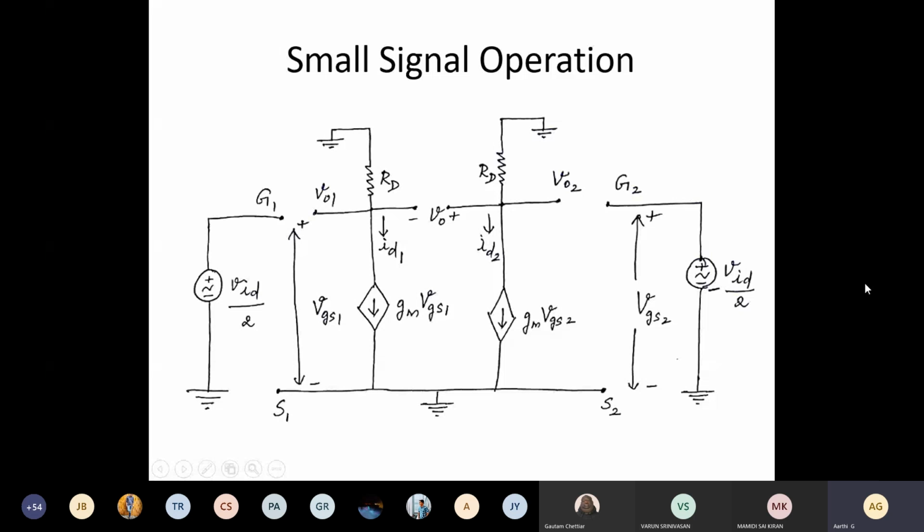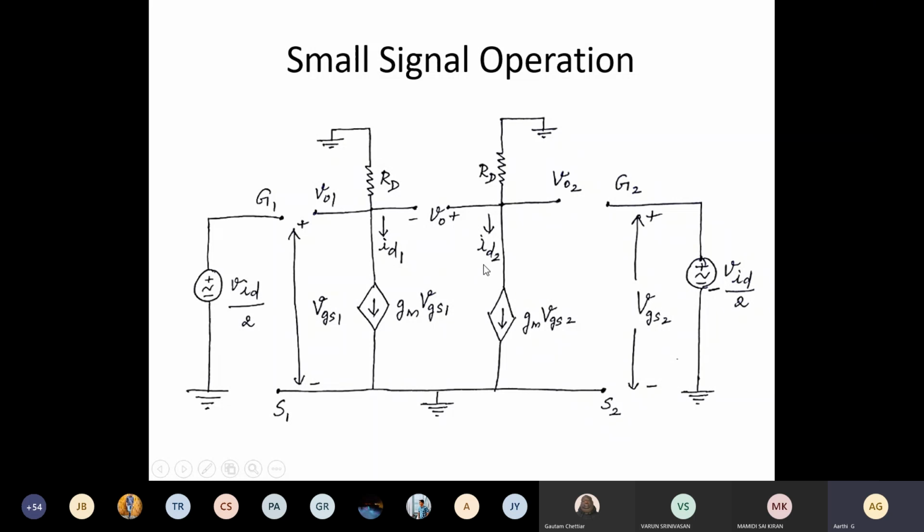So we are giving complementary input, with source 1 and source 2, and across the drain terminals we take the output voltages V01 and V02, with the same value of drain resistance.